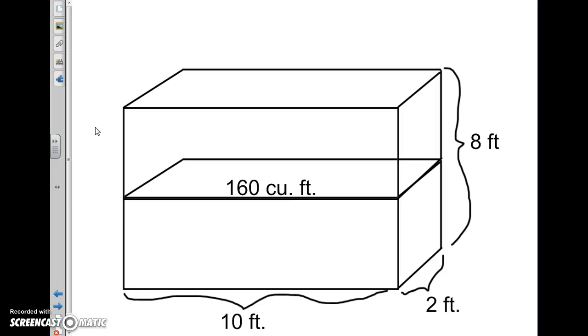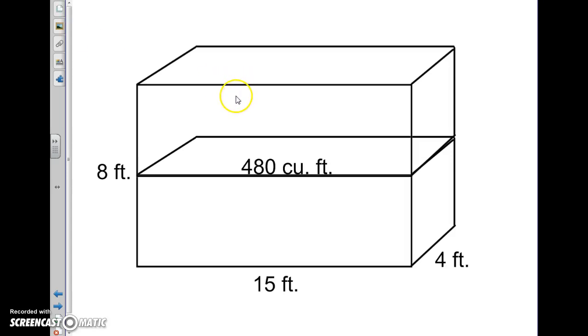Okay, so here's the thing. Back here, I doubled the volume of this rectangular prism from 240 to 480, and I doubled one of the dimensions, right? It doesn't have to be height. It could have been anything.